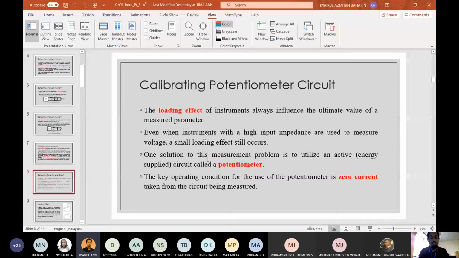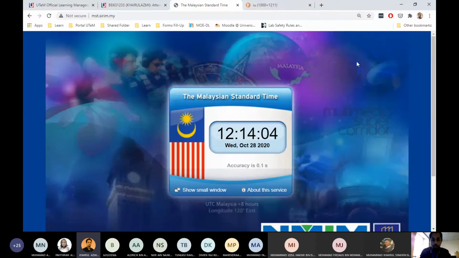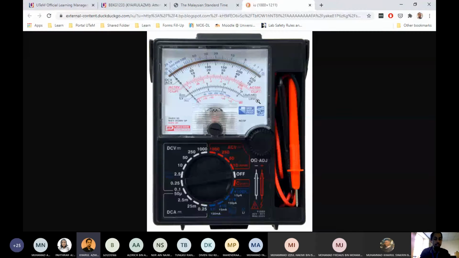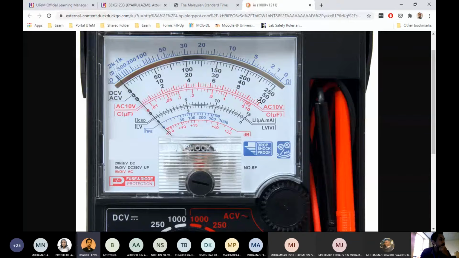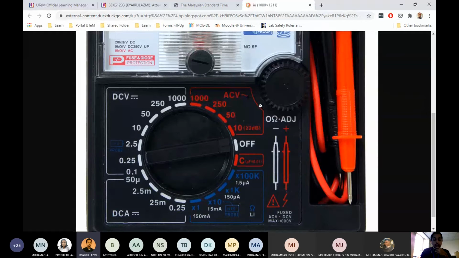Just as a backup, I'll show you the figure of a meter. You can see it here. So this is an analog multimeter. If I scroll down, you can see here the setting. We can measure either DC voltage, AC voltage, DC current, and also resistance. So now assume we are measuring resistance. Resistance is the blue color, the scale with the blue color.